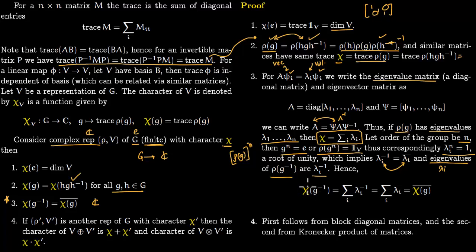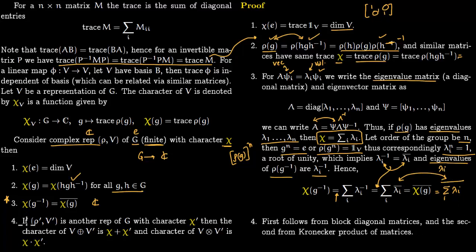So the character of G inverse has corresponding eigenvalues lambda i inverse, which is the same as summing over lambda i bar. This is precisely the conjugate of chi of G, because chi of G is nothing but this, and taking the conjugate of this becomes this.